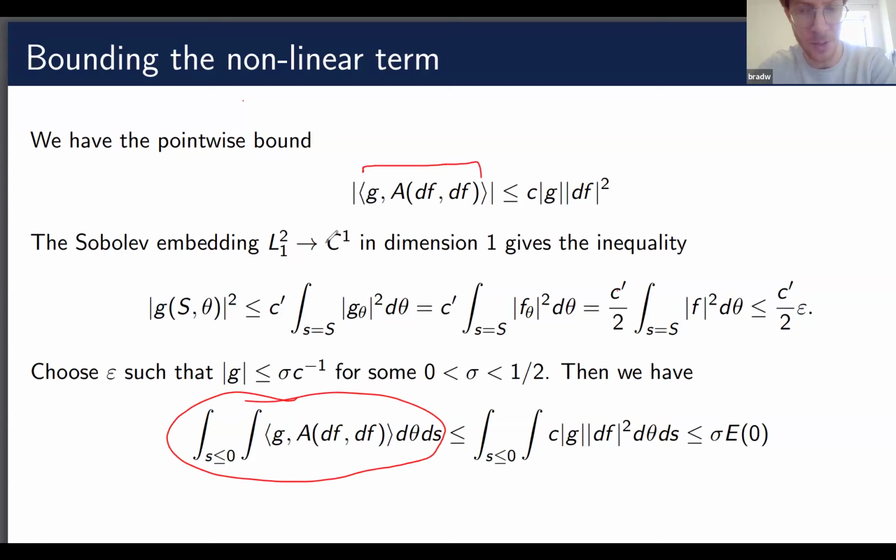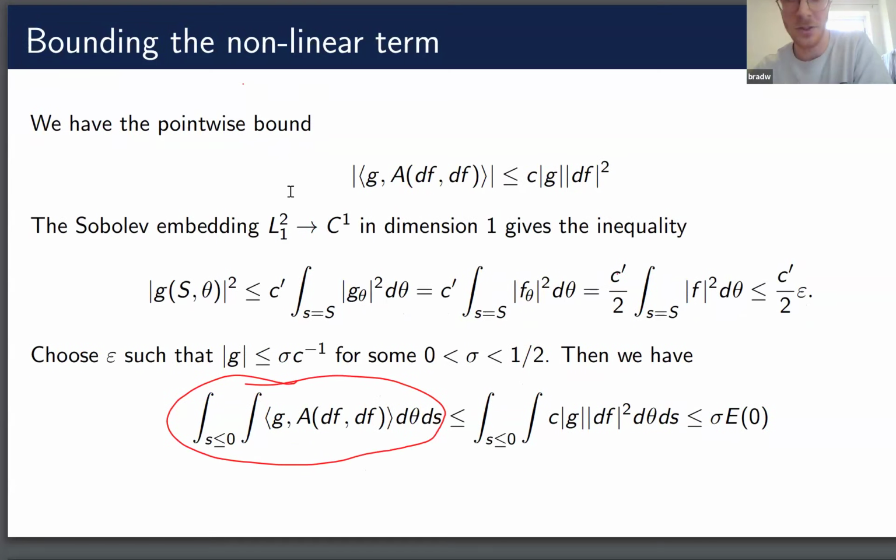We've got this function g, which has average 0 on all of the slices, and the second fundamental form applied to df. Now, by Cauchy-Schwarz and the fact that this second fundamental form is a continuous bilinear map, we have this inequality here. So there's some constant, the norm of g, and the norm of df squared. So that's fine.